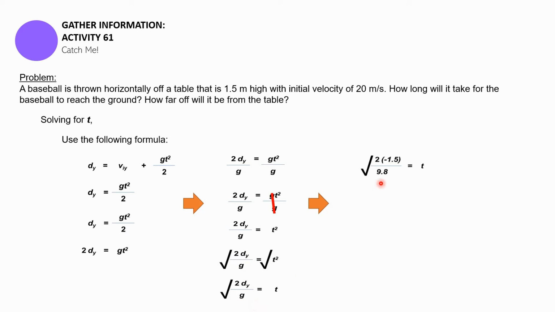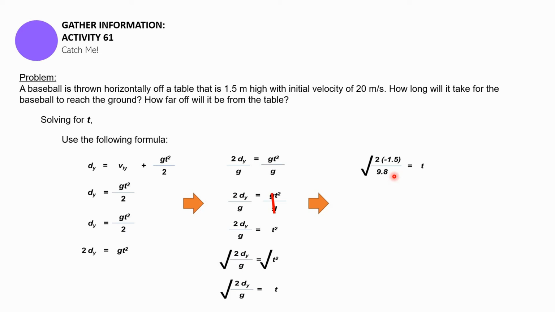So the distance along the y-axis traveled by the baseball is 1.5 meters downward, so it's negative. And then under that is 9.8 meters per second squared, but we're omitting the units here. Since we're looking for time, and since this is 9.8 meters per second squared, the sure thing here is that we will be ending up with seconds. It's second squared, then it becomes second.